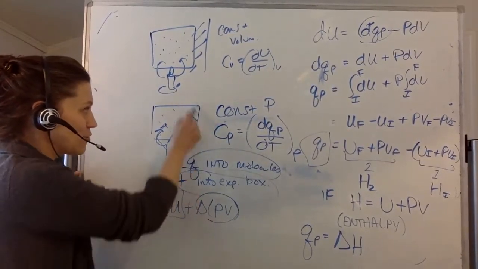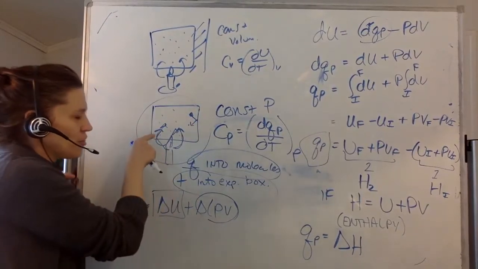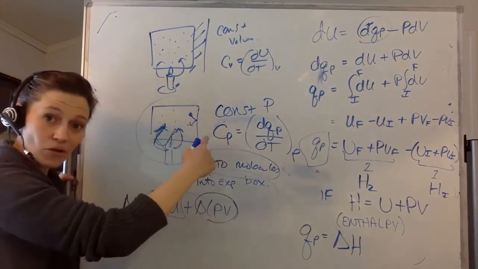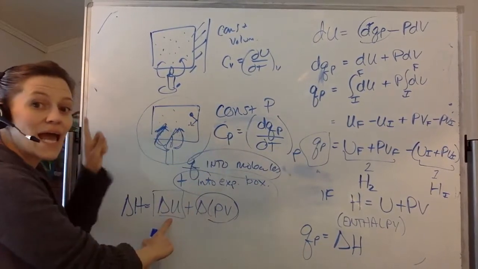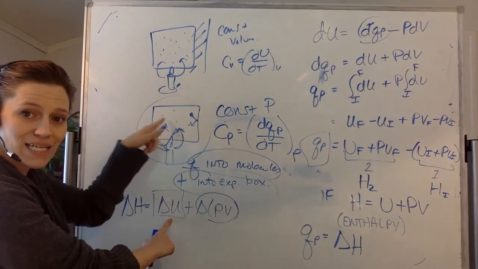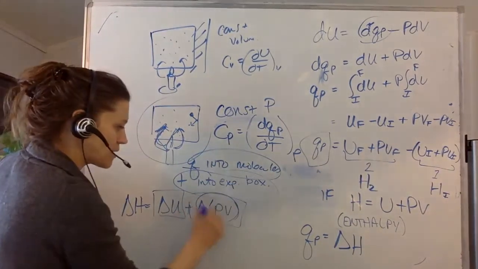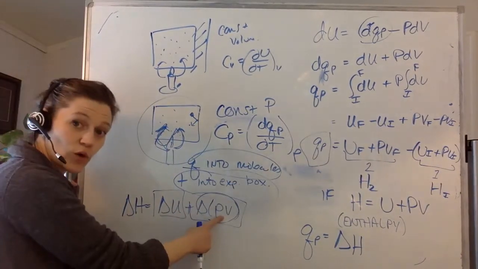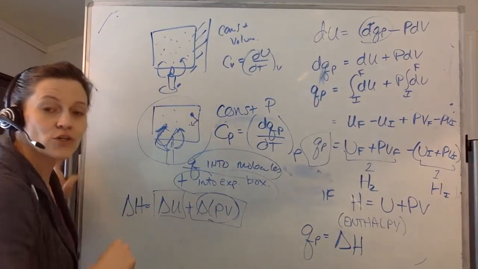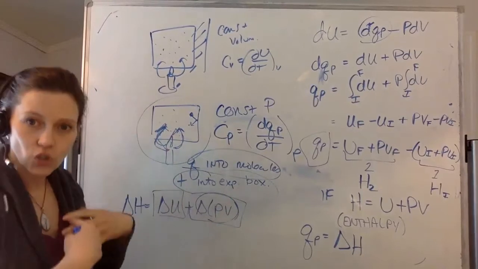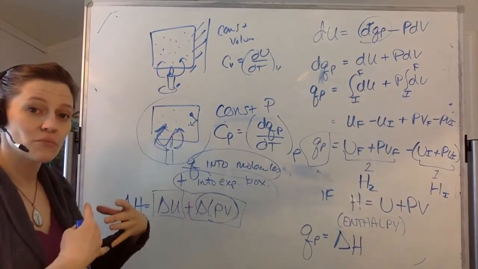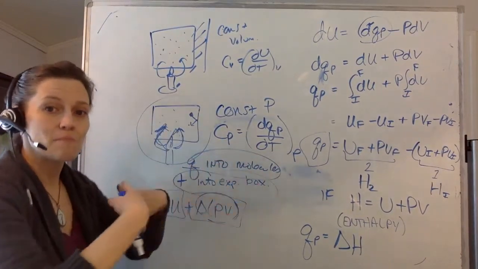So that means if you think about this picture of the heat capacity at constant pressure, heat's going into the molecules, delta U, and it's going into expanding the box such that the pressure remains constant in here. Expanding the box is pressure volume expansion work, delta PV. Go team. So now we have two state functions, one representing energy going internal to the molecules and the other one representing the combination of the internal to the molecules and the additional expansion to maintain constant pressure.